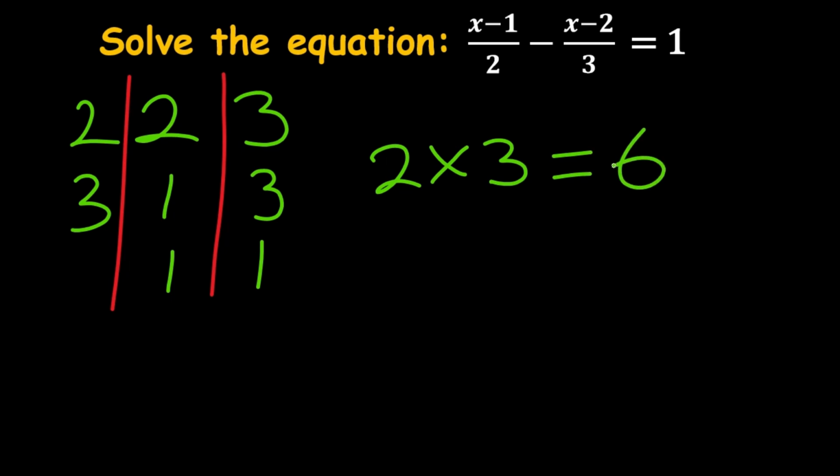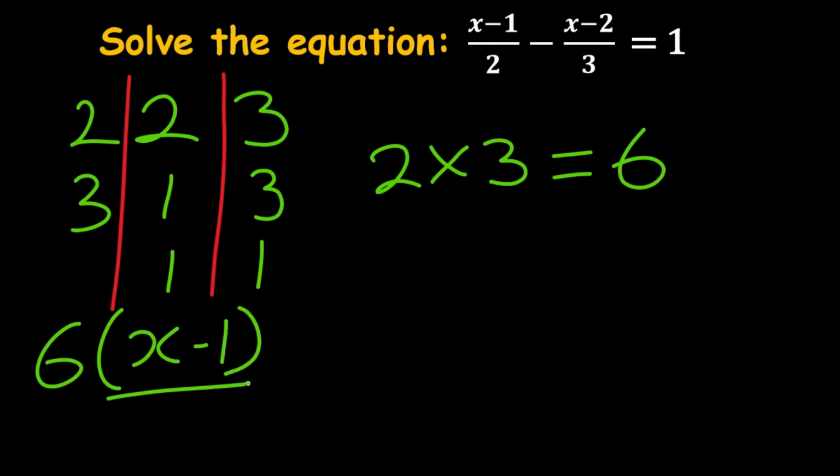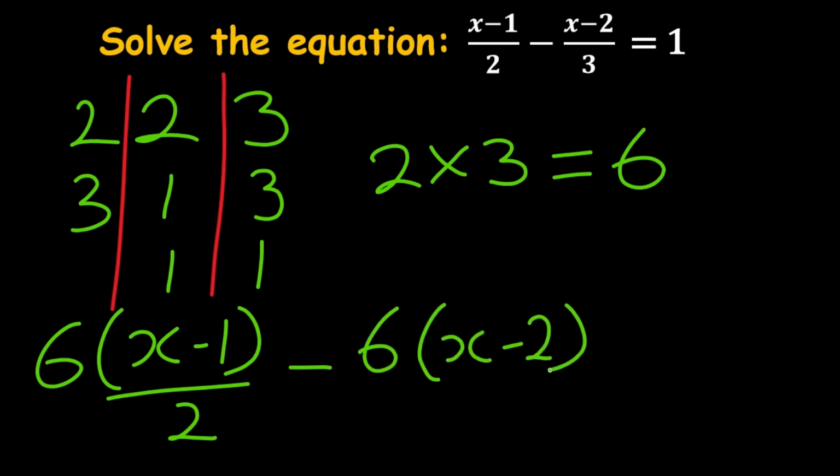Now, let's multiply both sides of the equation by 6. 6 times (x minus 1) all over 2 minus 6 times (x minus 2) all over 3 is equal to 6 times 1.